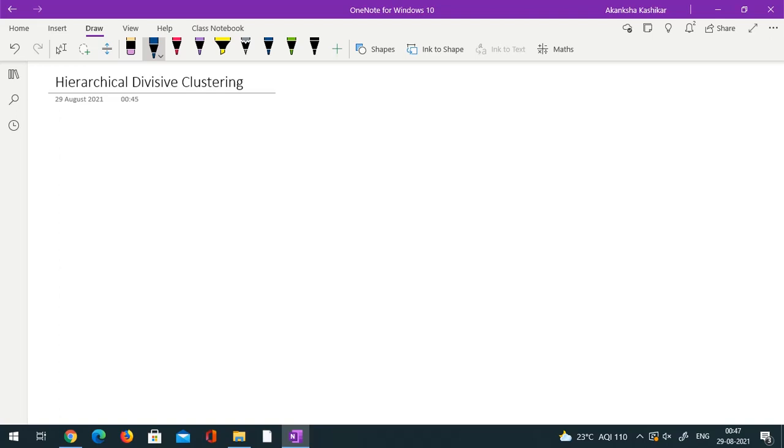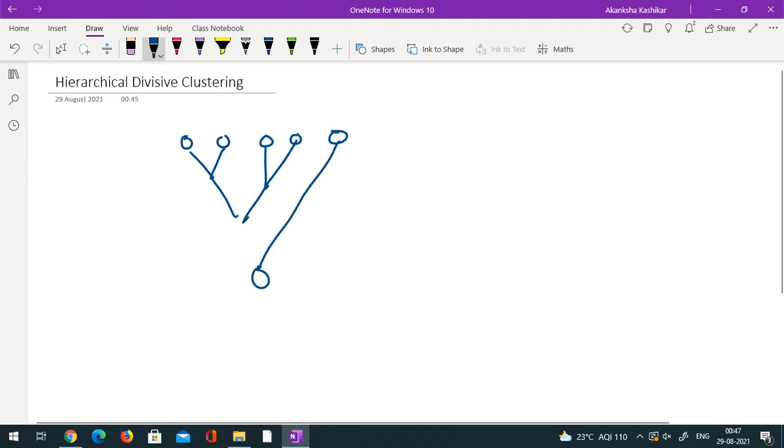In agglomerative clustering we have seen that we start with every object as an individual cluster and then we go on joining some of these objects at later stages and then we finally end up getting one cluster. Correct? Whereas in divisive clustering the approach is exactly opposite.